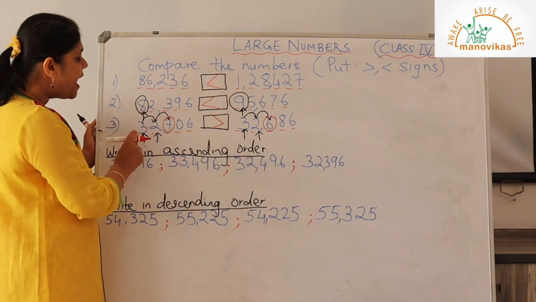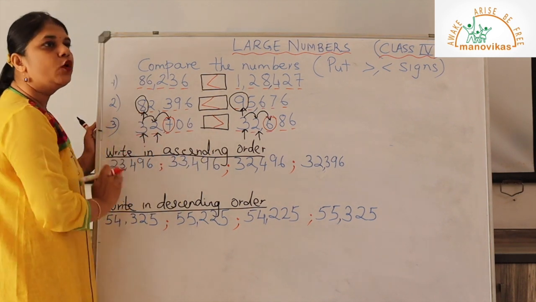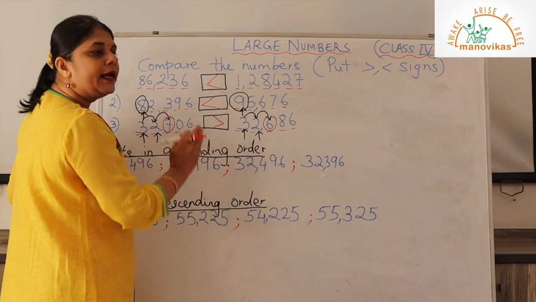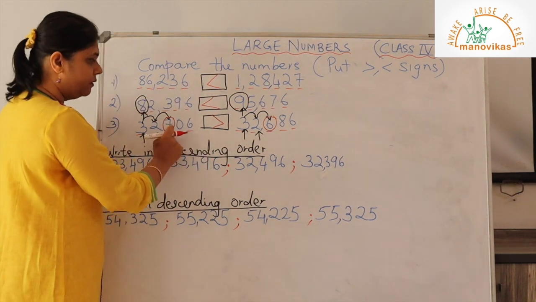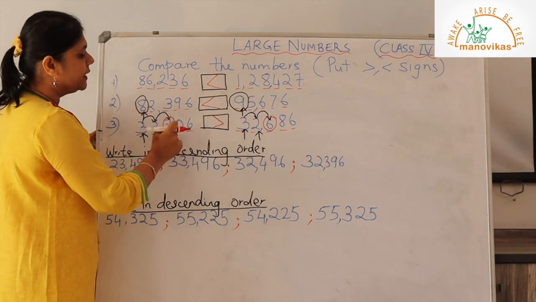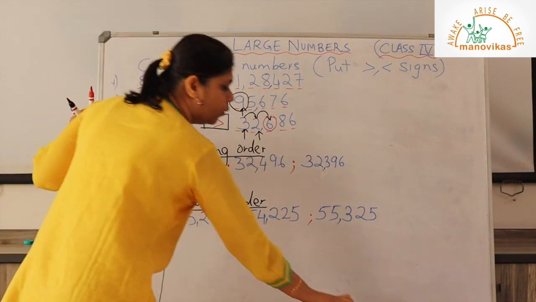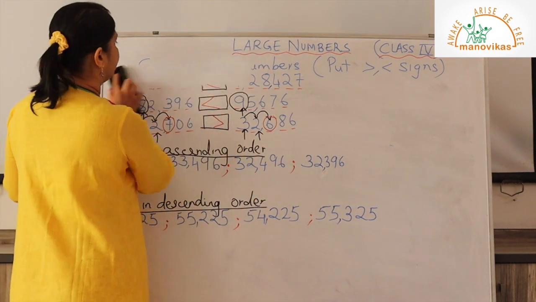If the leftmost digit is also the same, then you keep moving to the right till you get a digit which is different. The number which has the greater digit is greater. Clear?